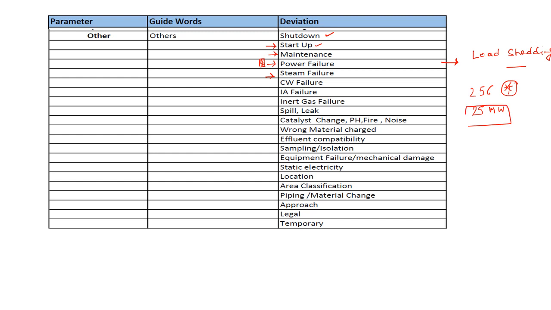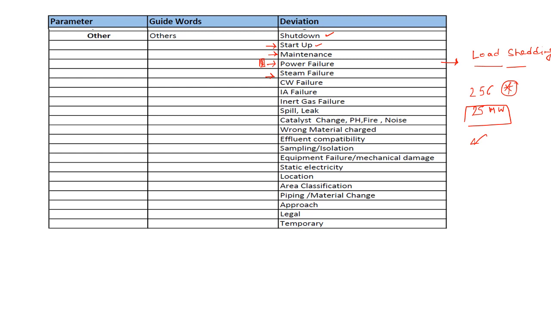So now you have only 25 megawatt available. So within this 25 megawatts, which pumps you want to run, which compressors you want to run? You want to run the critical things which may not pose a safety hazard. So for that you need to have a load shedding scheme.